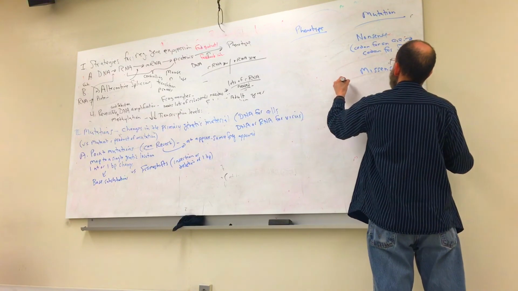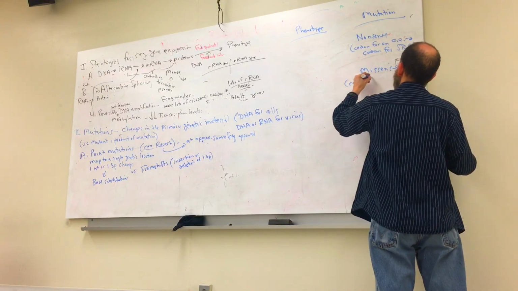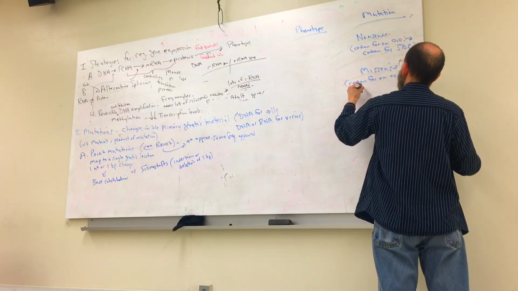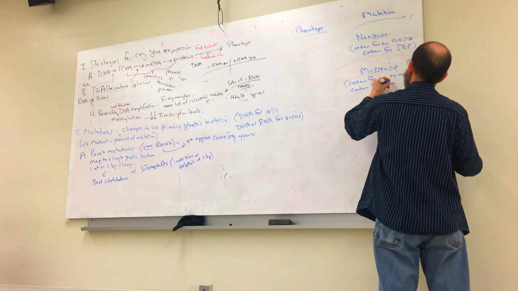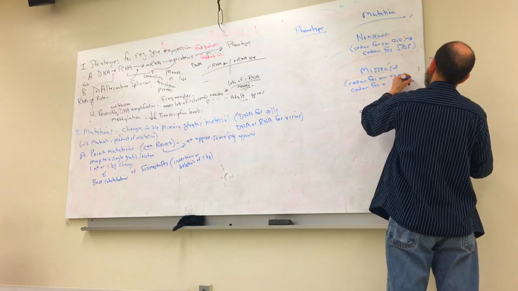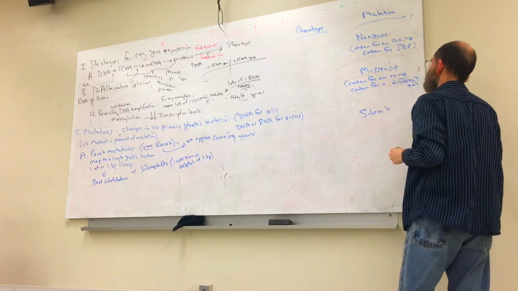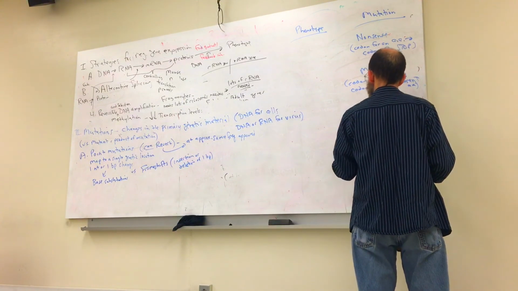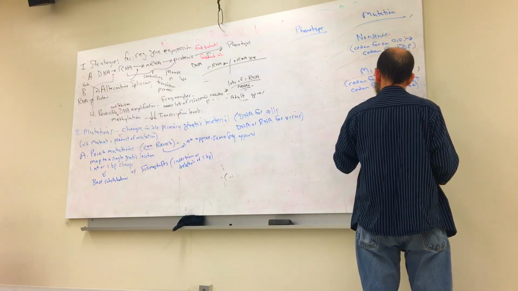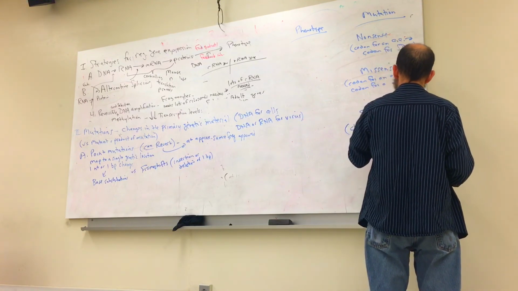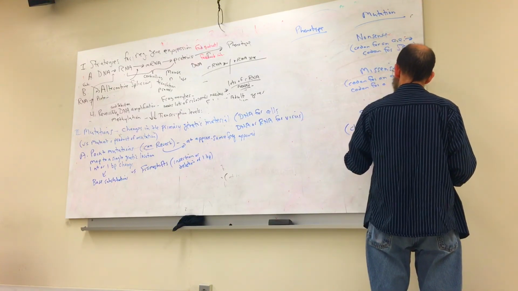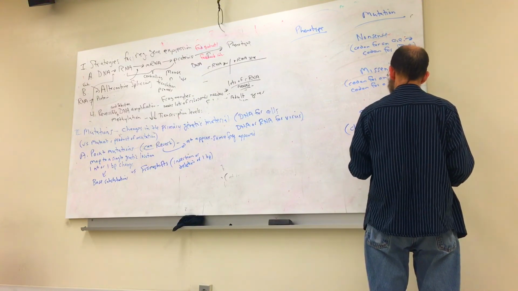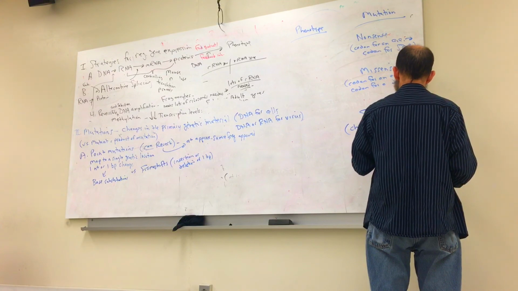Whereas missense mutation, you have a codon for an amino acid that is changed to a codon for a different amino acid. And then silent mutation is a change in genotype without a change in phenotype. Okay.